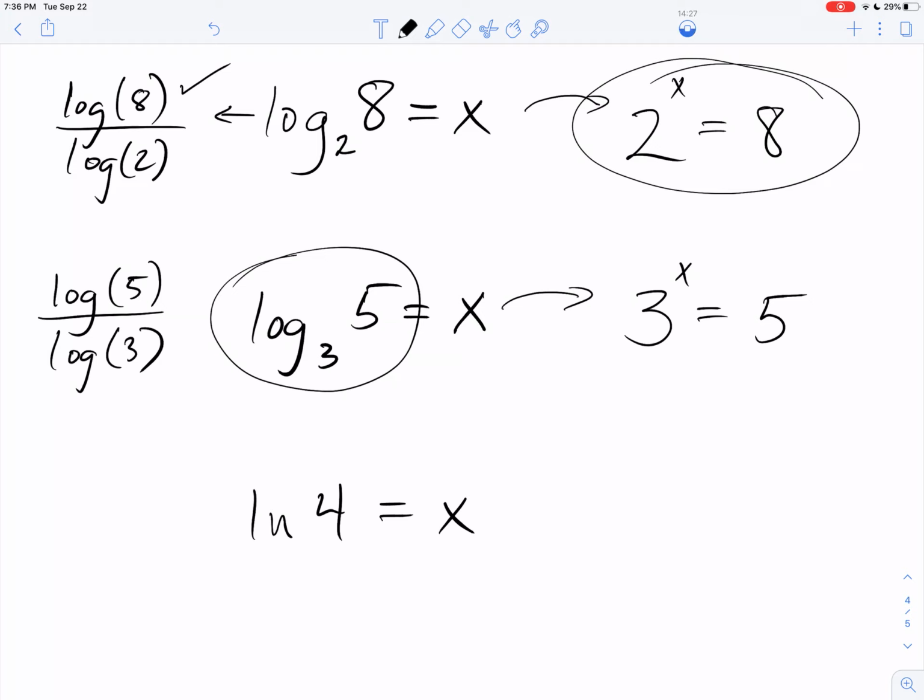So I punch that into my calculator. I do log of 5 divided by log of 3, and I get this super decimal that says 1.464973521. I'm getting tired of writing numbers down. So I got to tell you, what we usually do is we customarily round to the 4th digit.